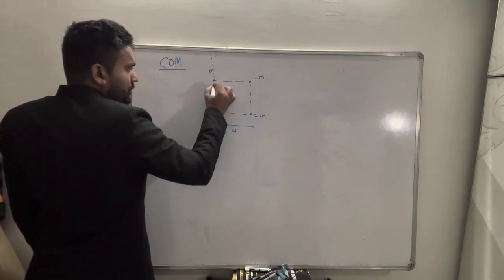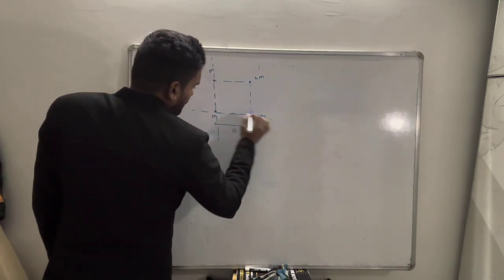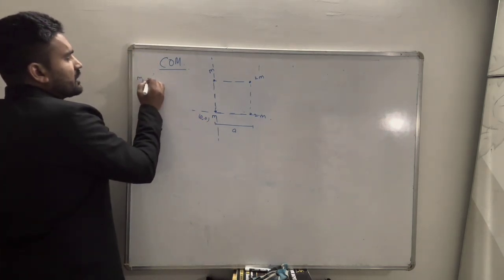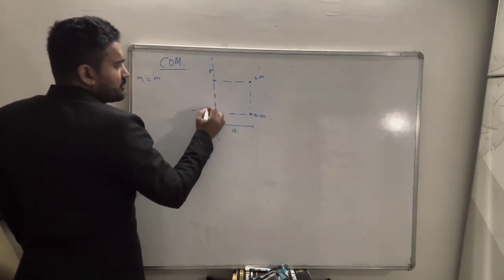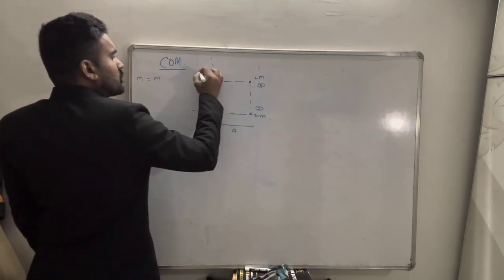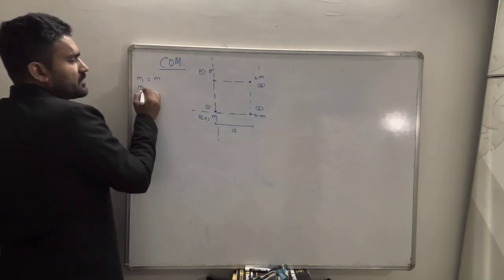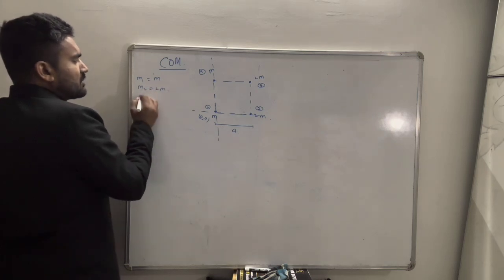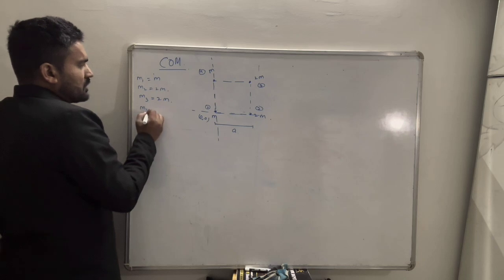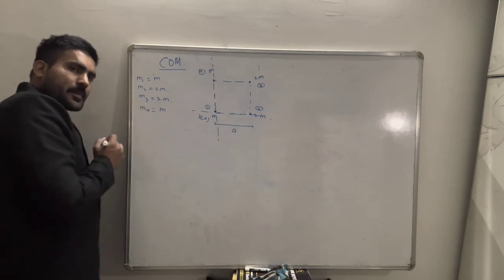Let us say here it is 0, 0. Let's say this is the first mass, this is the second mass, this is the third mass, this is the fourth mass. So m1 is m, m2 is 2m, m3 is again 2m, and m4 is again m, right?